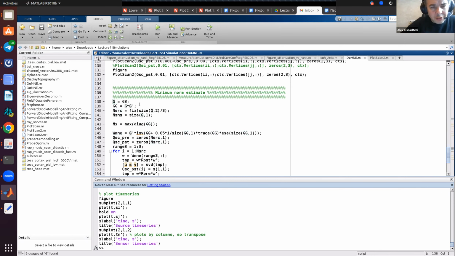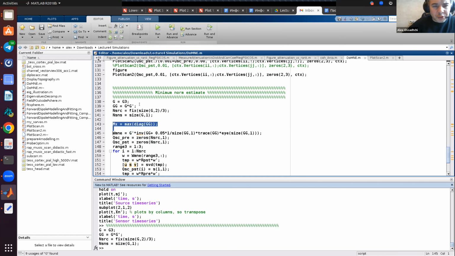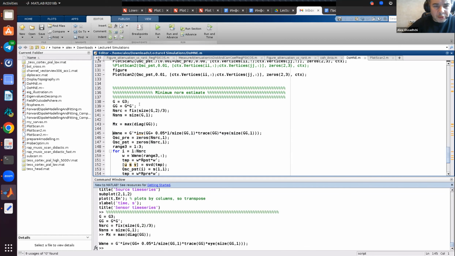Anyway, here is your forward model. Here is the expression of your inverse operator, WMNE. It's G times the inverse of this term, multiplied by a scale factor based on the size of G G transpose.